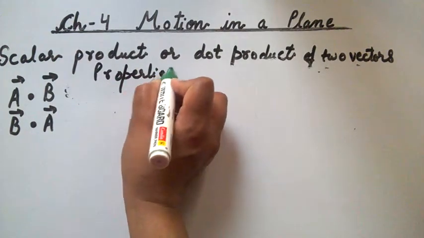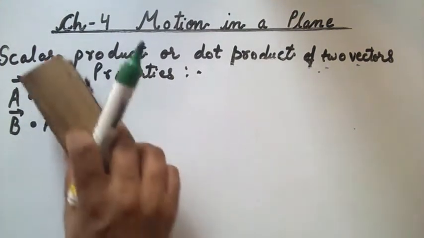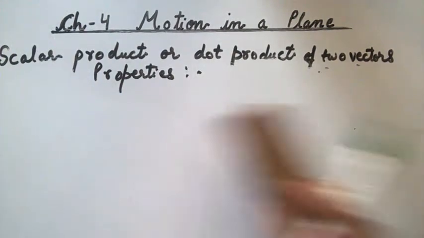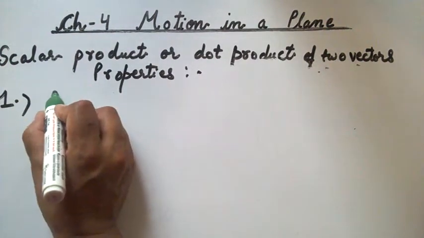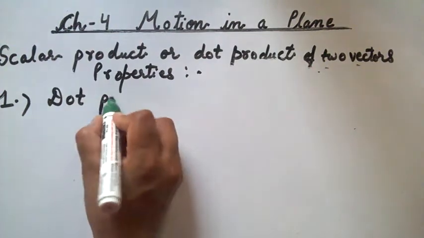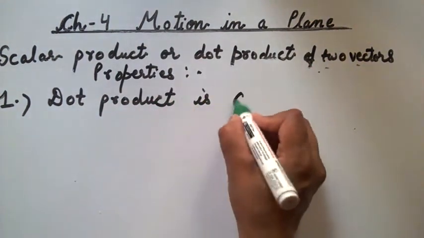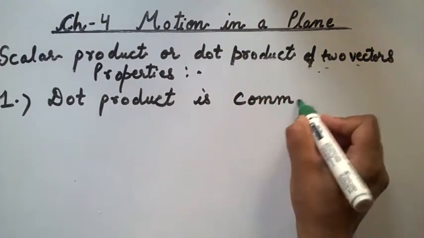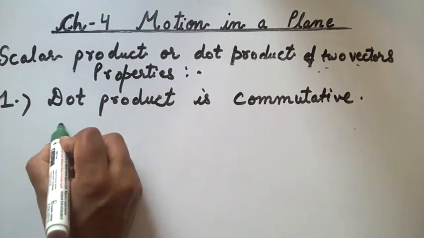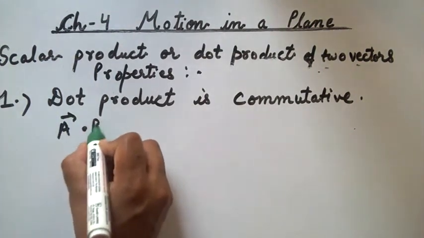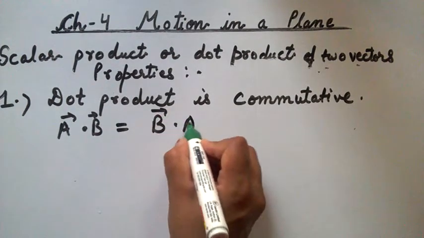We have seen that the dot product is commutative. There is no difference. A dot B is equal to B dot A. Therefore, the first property is: the dot product is commutative, or obeys the commutative law. A vector dot B vector is equal to B vector dot A vector. We have seen it.